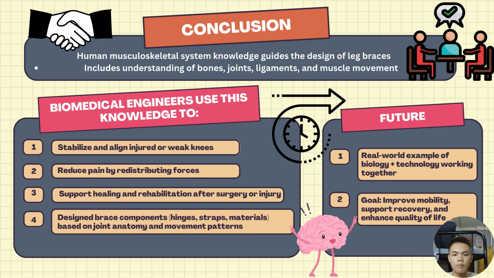The leg brace is a perfect example of how engineering meets anatomy. Through this integration of biology and technology, biomedical engineering transforms theoretical knowledge into practical tools that improve lives, restore movement, and support the healing process.